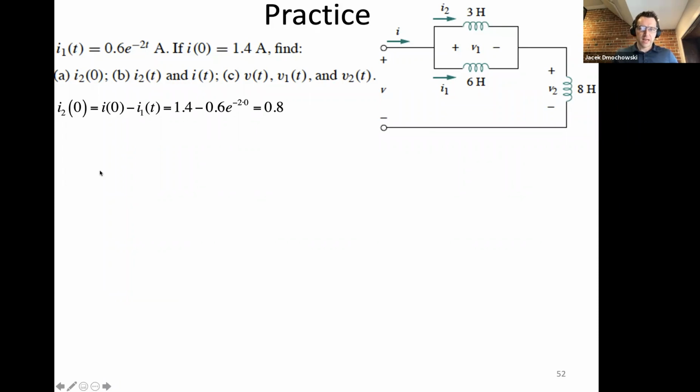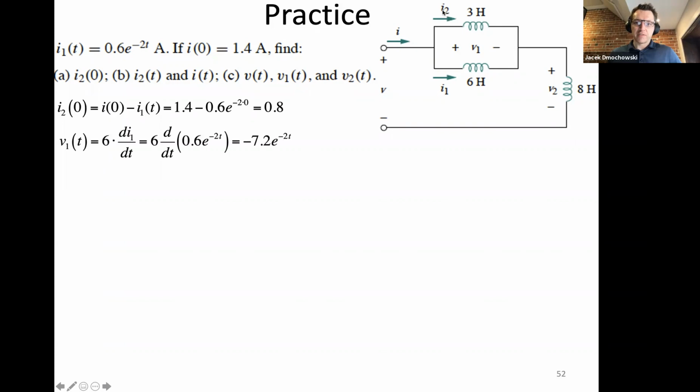Integrate. Are you sure? Yeah, so Christian, that would be the voltage. So almost. What's the voltage across an inductor? Yeah, differentiate, thank you. So we have to differentiate I1.